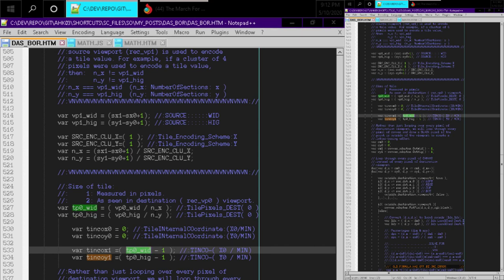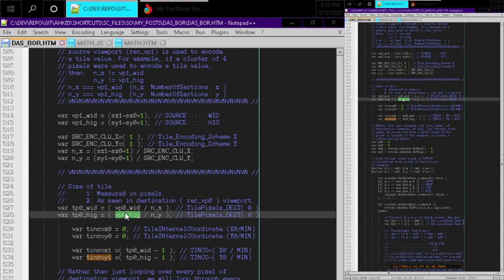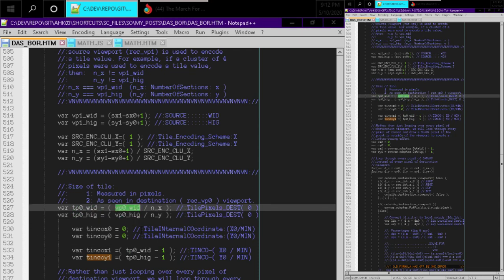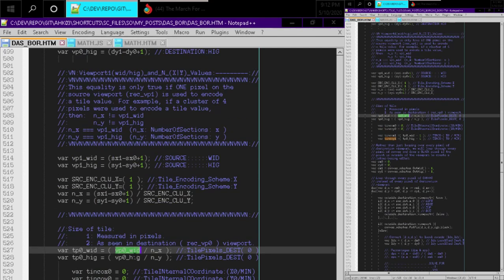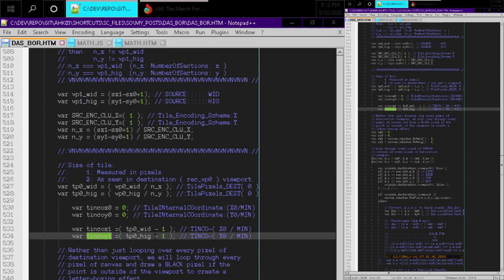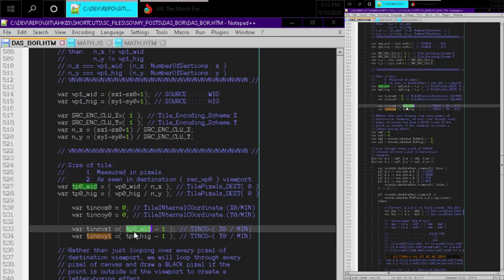Right, so there might be some type of ratio. So the number of sections divided by the size of tile, right? So you have the size of tile. So this would be the width of viewport 0, the destination, divided by the number of sections. So this subtraction here, we're trying to make sure to account for off by 1 errors.